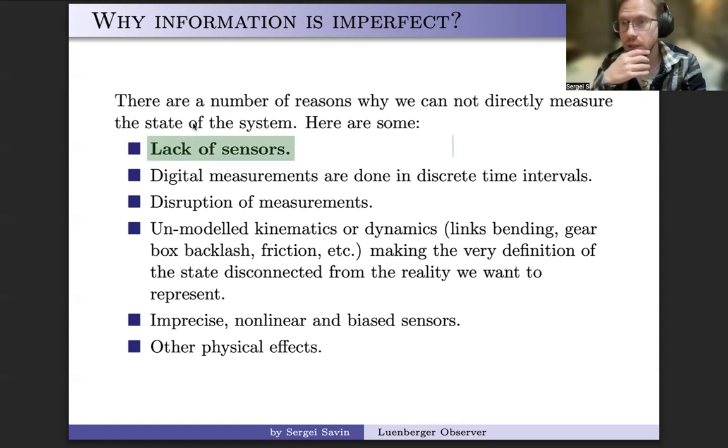For example, if you have a flying robot, to measure your height, what kind of sensor will you use? You could use an air pressure sensor, which would estimate the height based on air pressure. You can use a distance sensor that points down, which would measure the height directly using some optical trick.